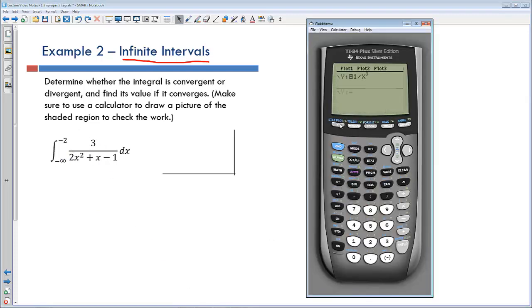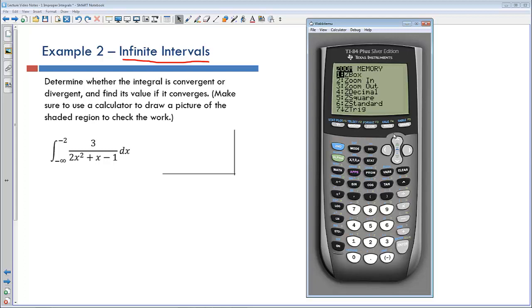We can do 3 divided by, left parenthesis, 2x squared plus x minus 1, end parenthesis. We'll make our window go from negative infinity to negative 2. So I'm going to let this be negative 100, just a big negative number, and then it goes to negative 2.